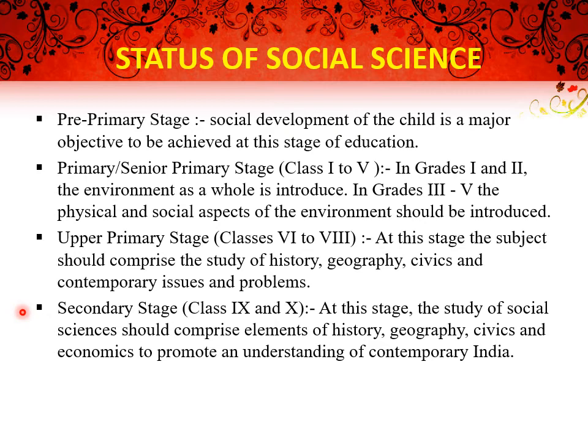And finally, at the secondary stage, the study of social sciences should comprise the elements of history, geography, political science, and economics to promote an understanding of contemporary India. Students should be introduced to the stages of development of human civilization and to the historical forces and the factors that have shaped the modern and the contemporary world, and their understanding of the historical perspective of India's heritage and the struggle for freedom should be enhanced.